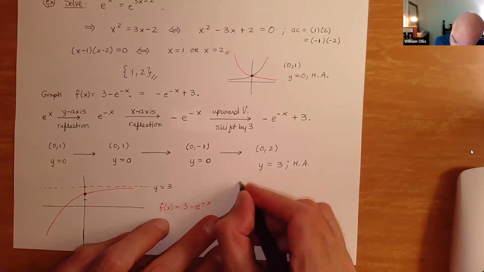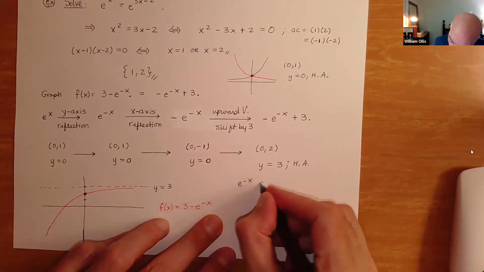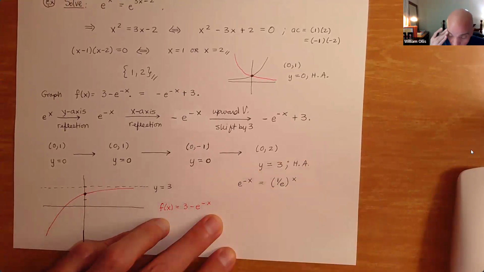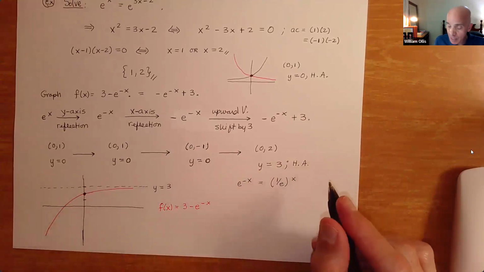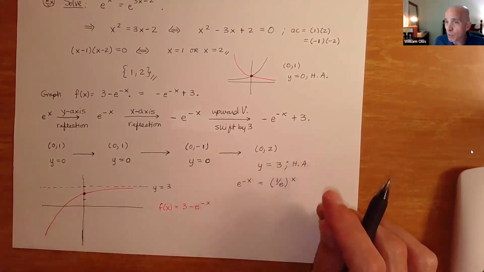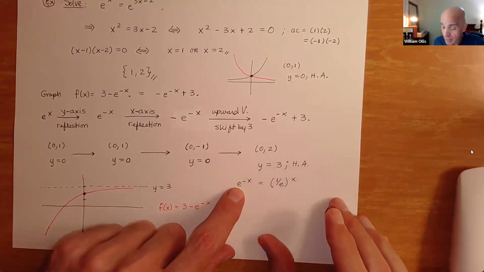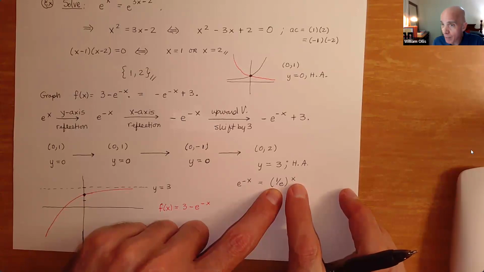So for instance, e to the negative x, ladies and gentlemen, is just 1 over e to the x, because we're using the rule that says if we have a negative exponent, we can simply invert the base and then write 1 over e to the x power.